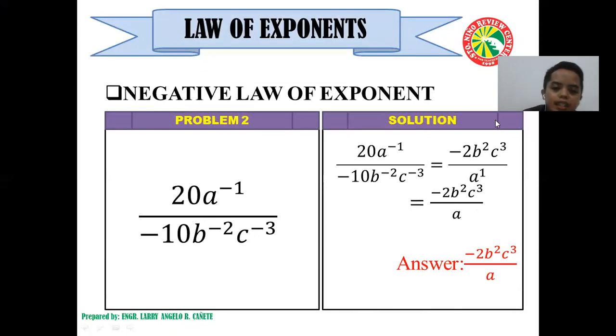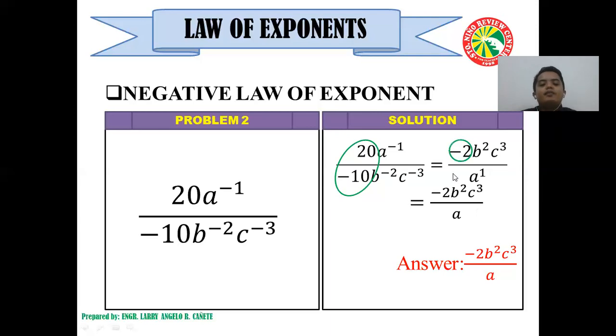First, you manipulate the constants 20 and negative 10. This negative 10 would not go up because again, this is not an exponent, but rather a constant. So it remains at the denominator. 20 divided by negative 10, that is negative 2.